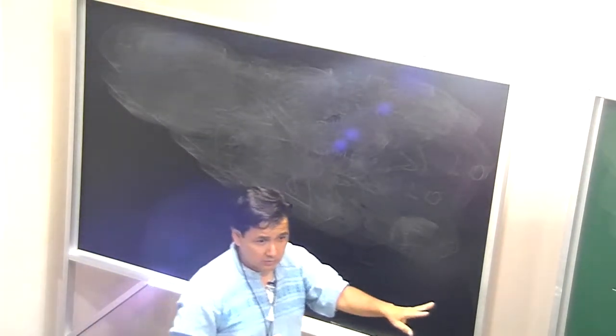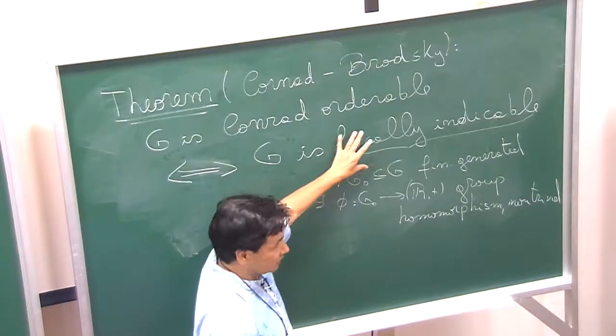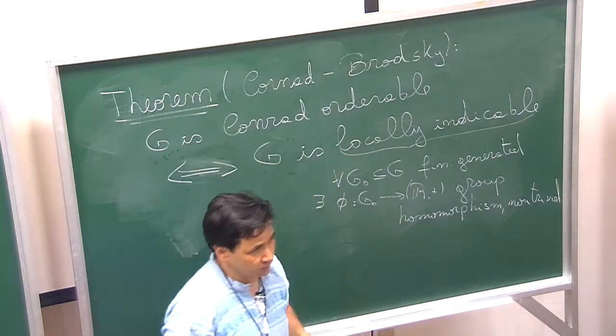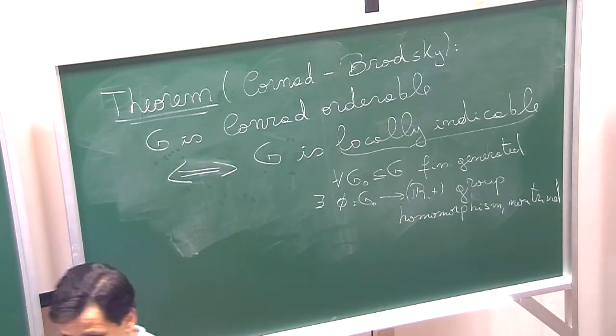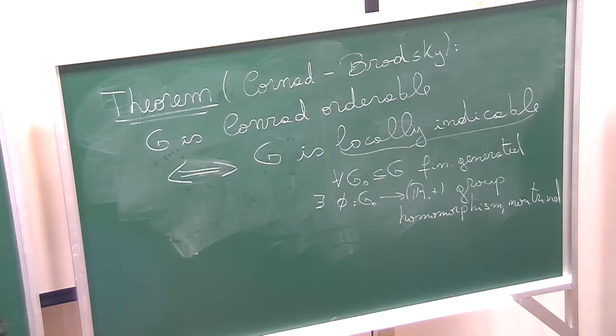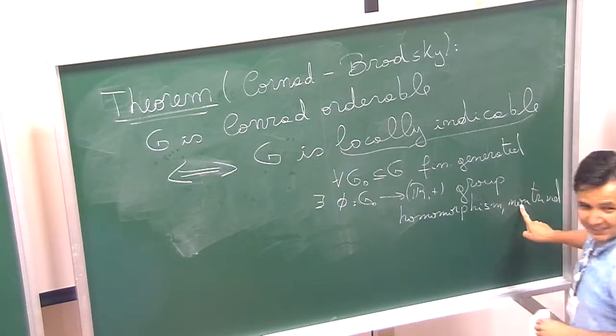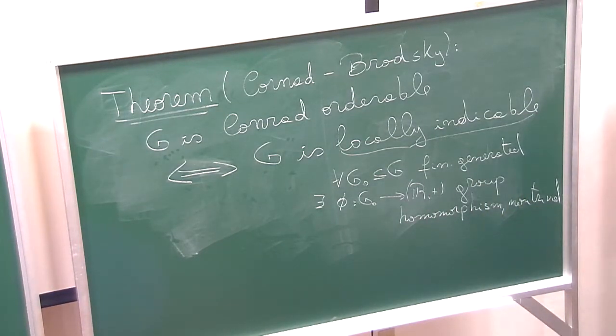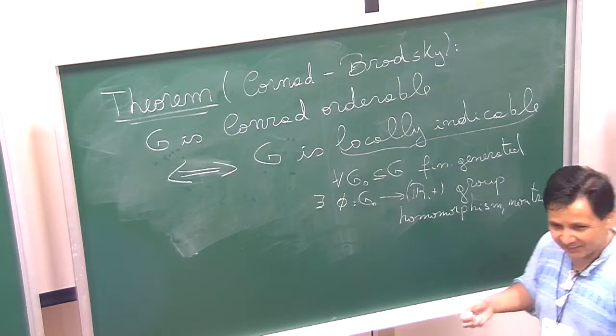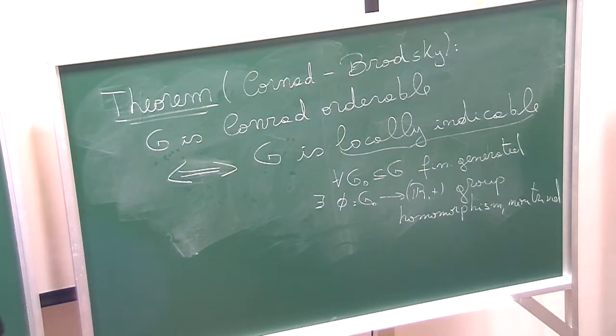Any question about the definition? No? Okay. So if you want to prove that something is locally indicable, you have to go into the world of orders and try to build a non-trivial homomorphism.